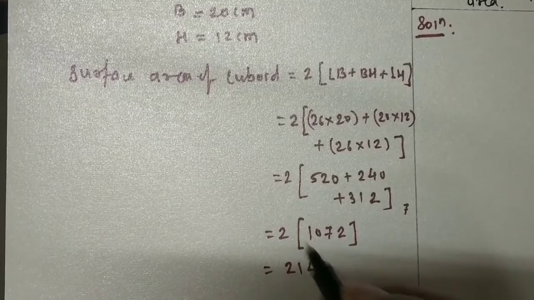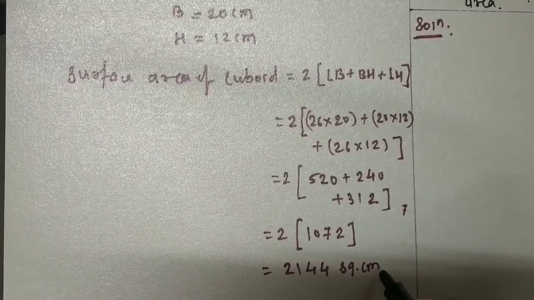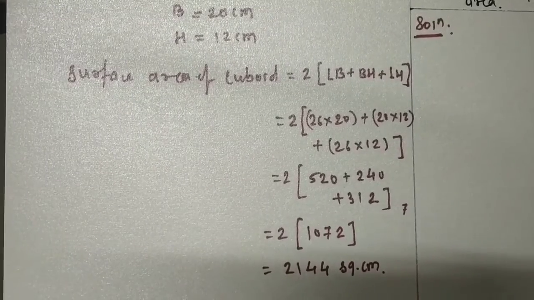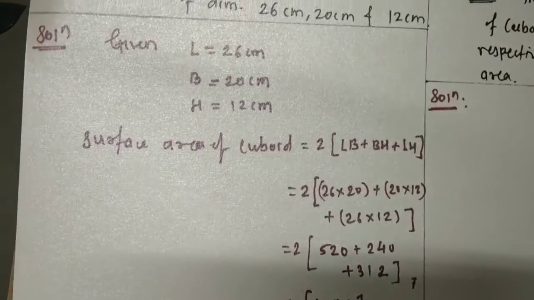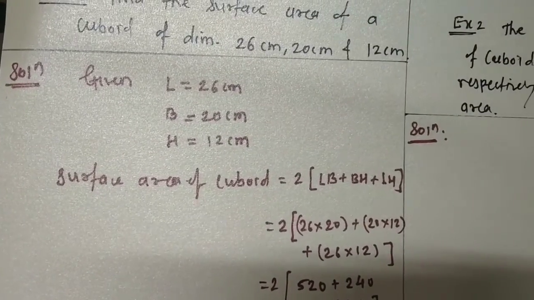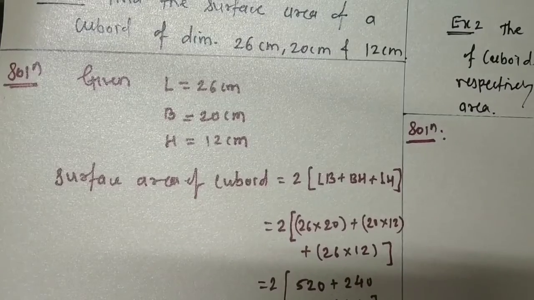Since we are finding the area, we have to write square centimeter. So the surface area of the cuboid when the dimensions are 26, 20 and 12 centimeter is 2144 square centimeter.